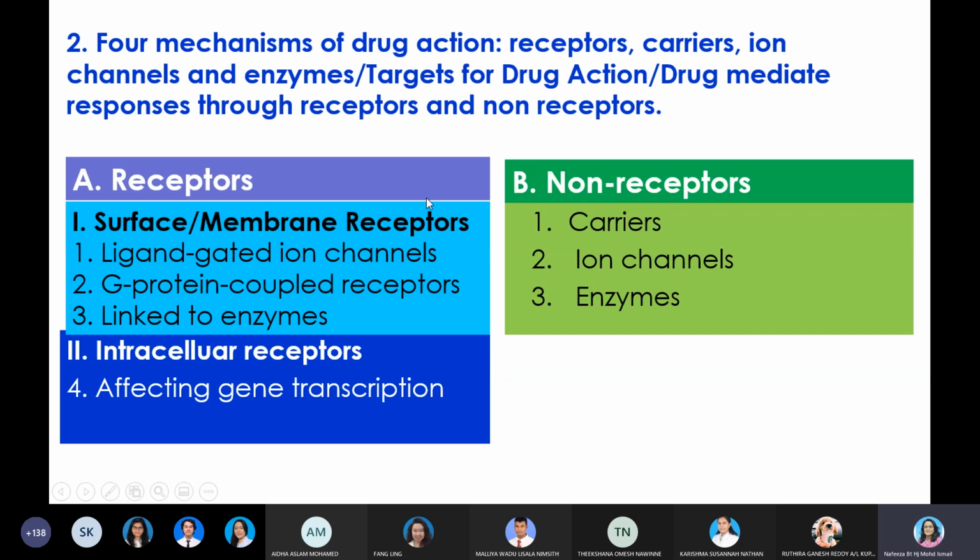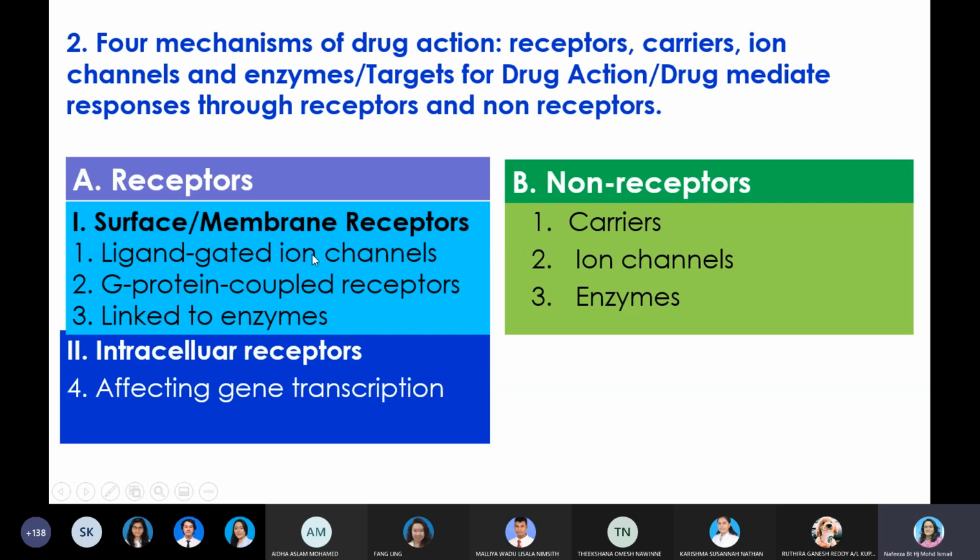They have to activate the receptors first before the ion channels can open. Here, the drug directly opens the ion channels and does not have to act via a receptor. All right? Okay, enzymes.